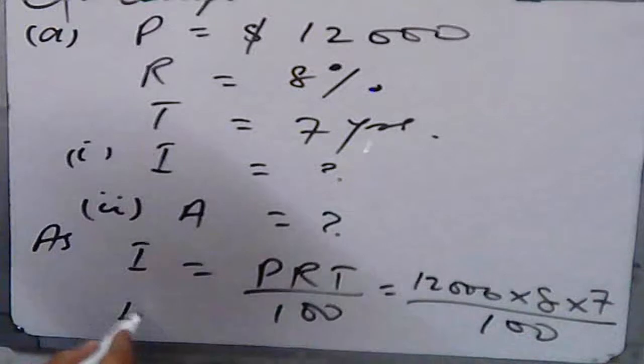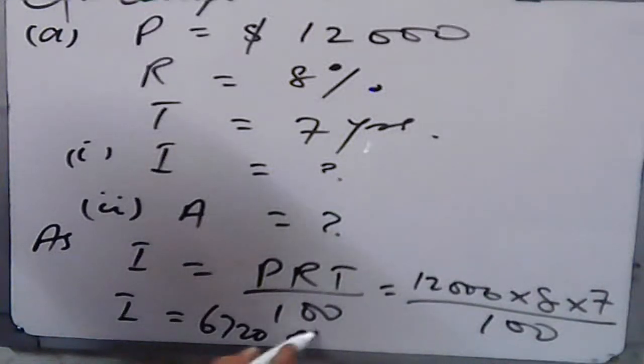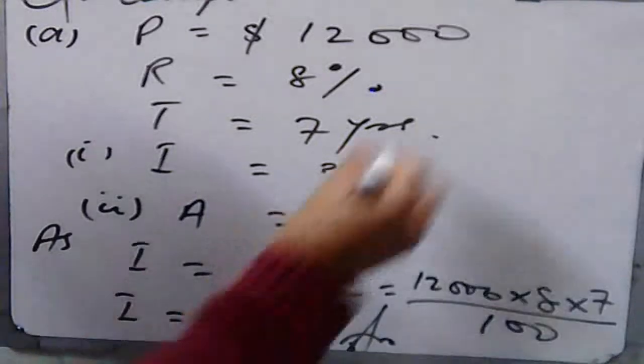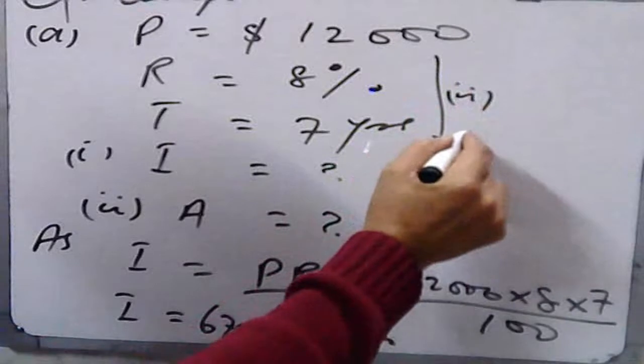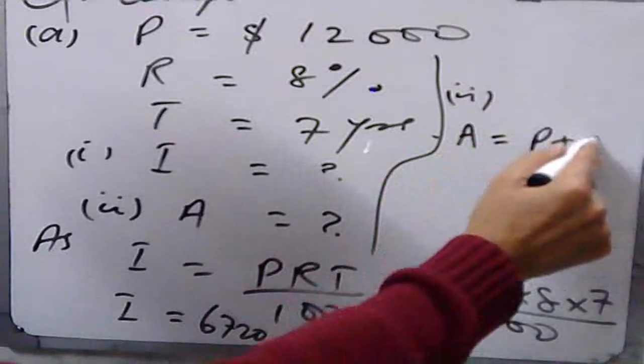So interest is $6,720, that is your simple interest. That is your answer. In part two, if you give a little attention here, we have been asked to find the amount. Since amount is principal amount plus interest, it is your total amount.